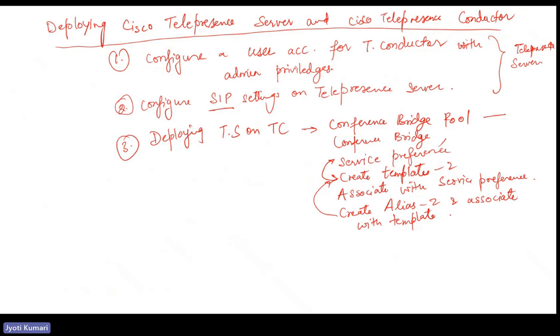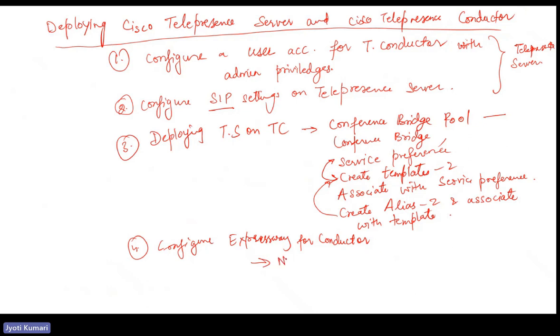And lastly, for the calls to work, you need to have integration with Expressway or CUCM. So let's suppose we need the calls from outside. We have Expressway as we have in the lab. We can use that. So we can configure Expressway for conductor for the calls. On the Expressway, it's the same pattern.